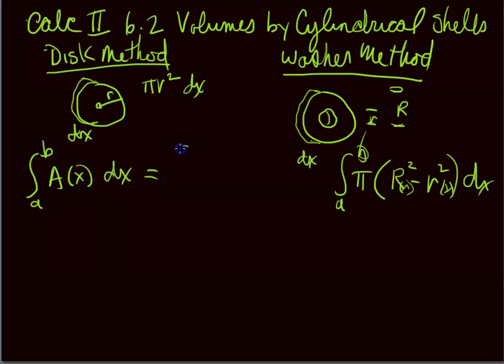Once again, because we used circles an awful lot, this pi r squared dx shows up an awful lot. But that's not the only way to do those. If you got any slice, if you could figure out the area, times that height, dx. But circles were used a lot, and certainly washers is using circles.